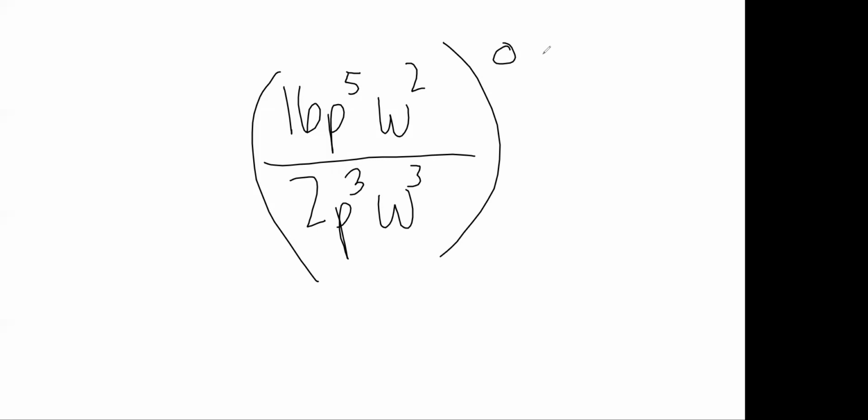So you know that this is applying to everything inside these parentheses, just like it was in the last one. But you also know that anything raised to the 0 power equals 1. So without working through all of this, you can just say this is 1. Anything raised to the 0 power is 1, even if it's a bunch of stuff like this, even if it's a lot. Anything raised to the 0 power is 1.